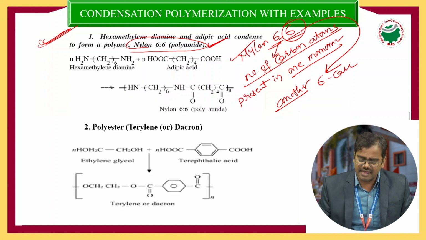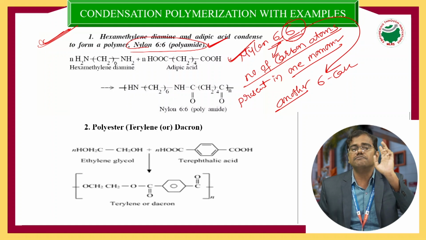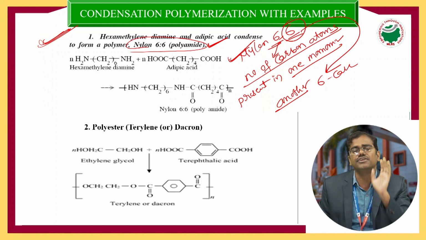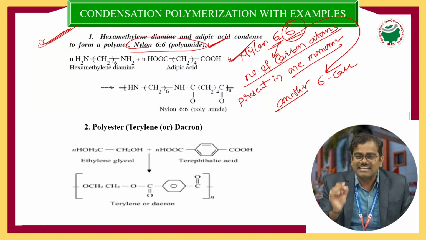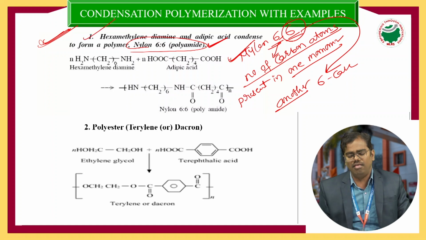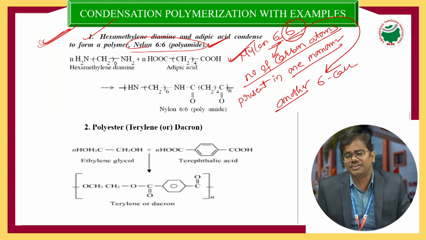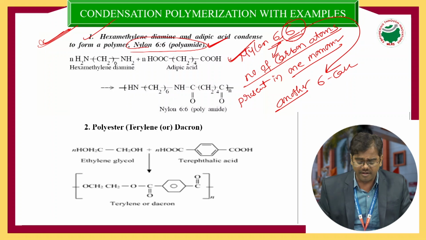That is the reason nylon 6,6 is called a copolymer: we are using two different types of monomers. In one monomer 6 carbon atoms are present, that is hexamethylene diamine, and another 6 carbon atoms are present in another monomer, that we call adipic acid.